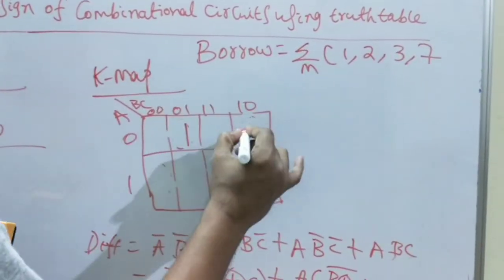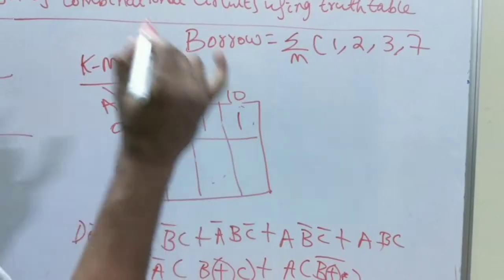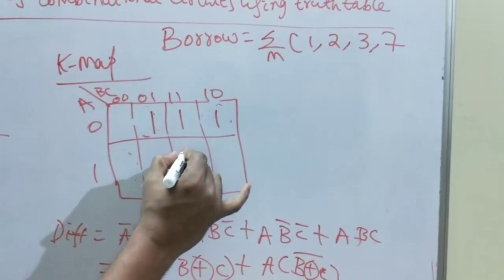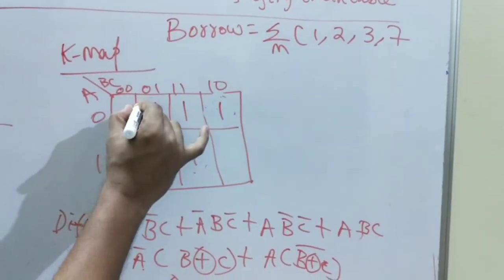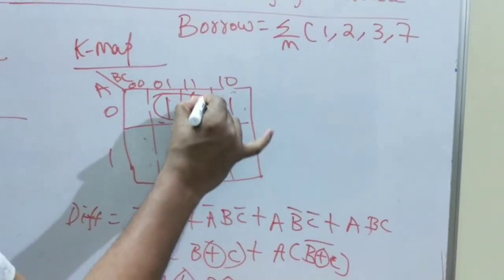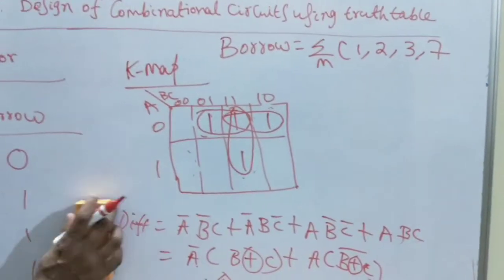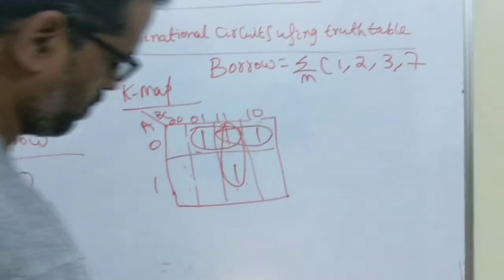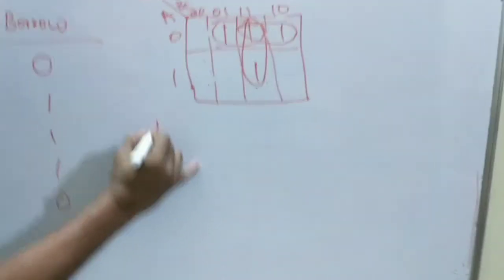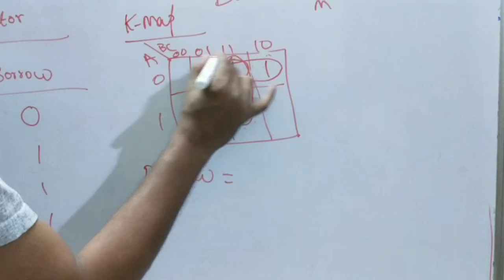One, 2, and then 3, 3, 7, right? Okay. So this is one pair, and this is one pair, and this is one pair. Okay. Now we find the expression for borrow. It is very easy. Borrow, right?